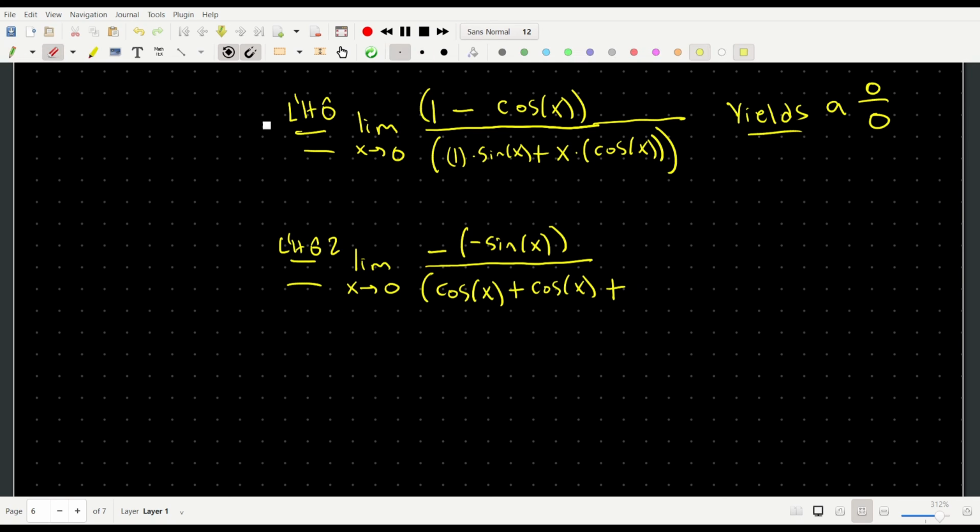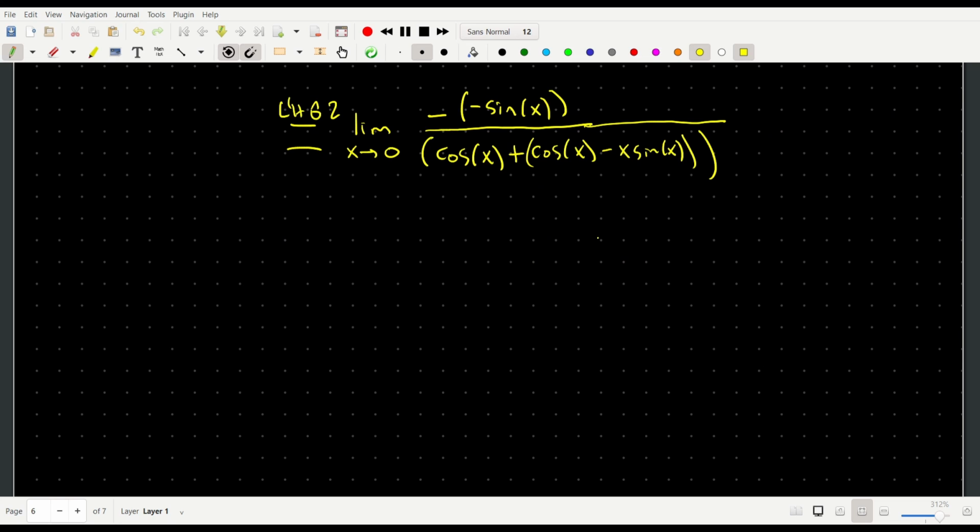It will be minus x times sine of x. So simplifying this a little bit, we have sine of x over 2 cosine of x minus x sine of x.